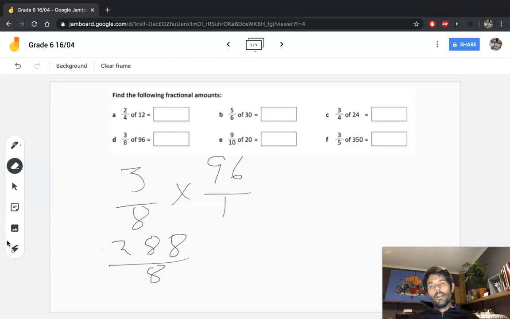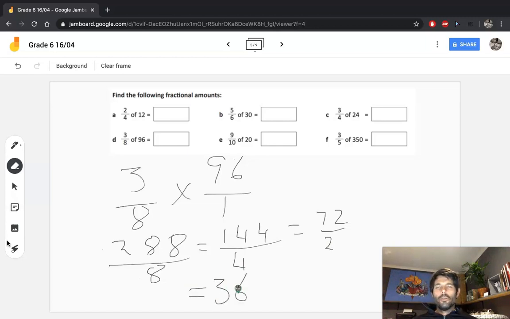And if you want to make that a little bit easier, first halve the 288 to 144, halve 8 to 4, halve it again to 72 over 2, and 72 divided by 2 is equal to 36. Okay, so there again you can manipulate and play with the numbers to make the simplification process a little bit easier for yourself.